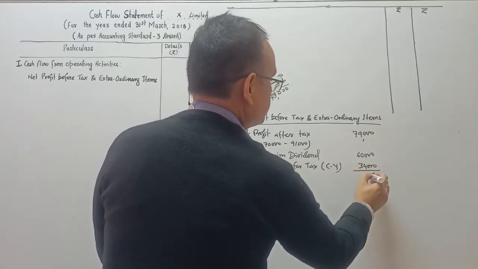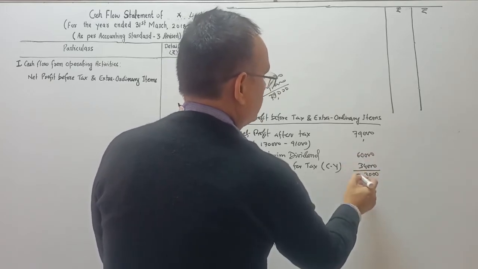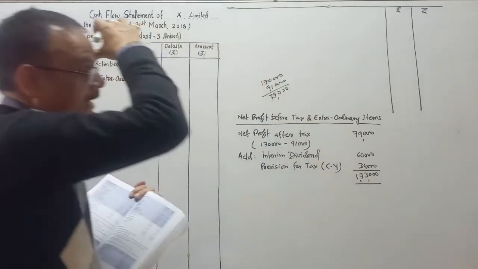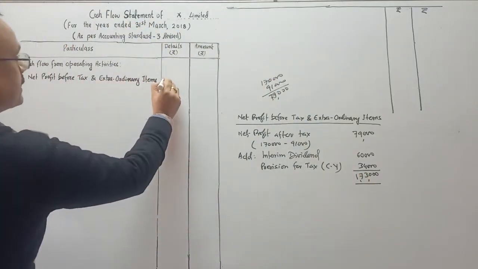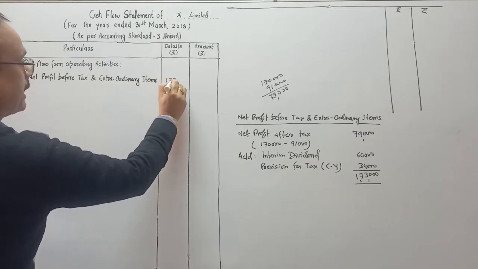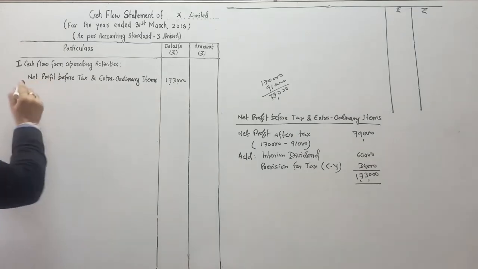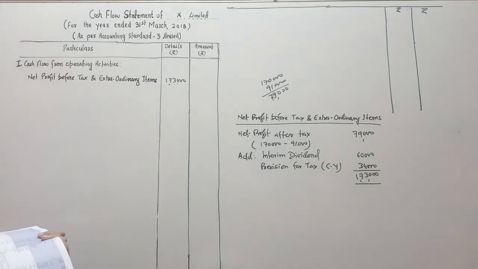After adding, this is 1,73,000. So you write net profit before tax and extraordinary item 1,73,000. You write this figure over here directly. Is it clear?